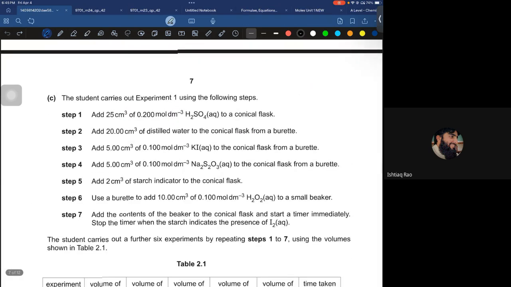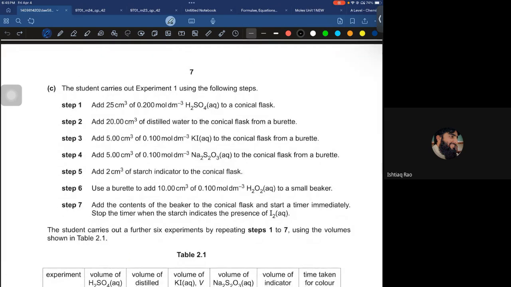So then the student carries out experiment one using the following steps. Number one, add 25 cm cube of sulfuric acid to a conical flask. Step two, add 20 cm cube of distilled water to the conical flask from a burette. Add 5 cm cube of 0.1 mole per dm cube potassium iodide to the conical flask from the burette.